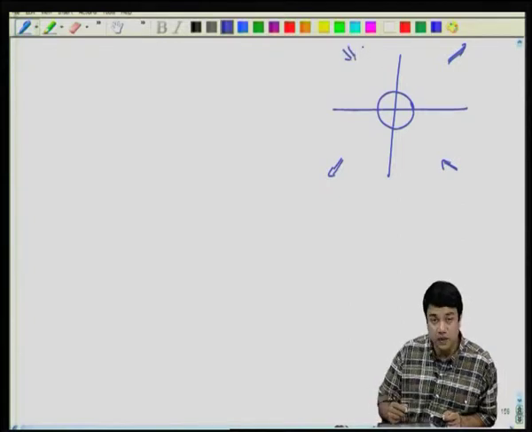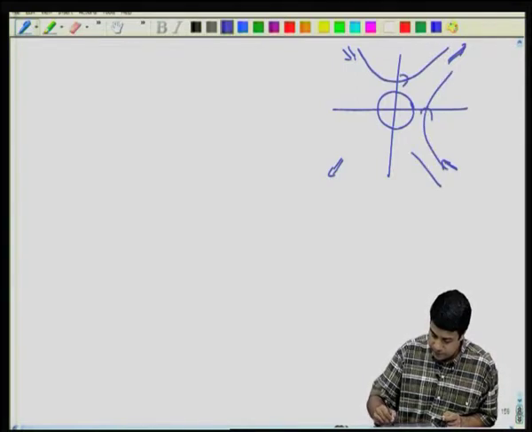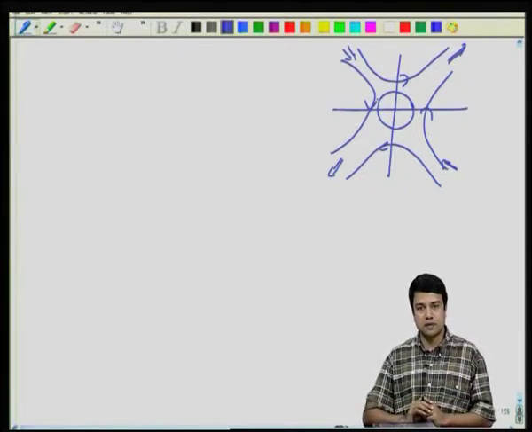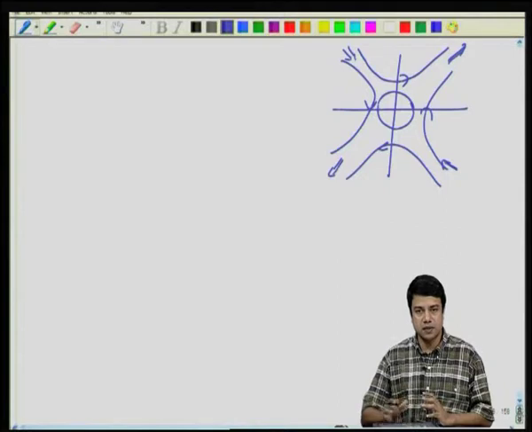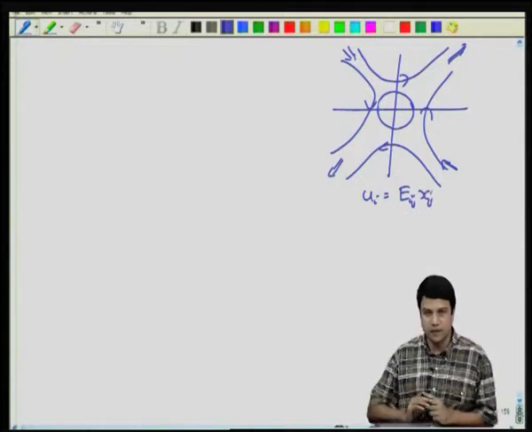So, if the particle were not present, the streamlines would all go like this. You would have the pure extensional flow in which the velocity streamlines are u i is equal to this tensor times the vector x j.